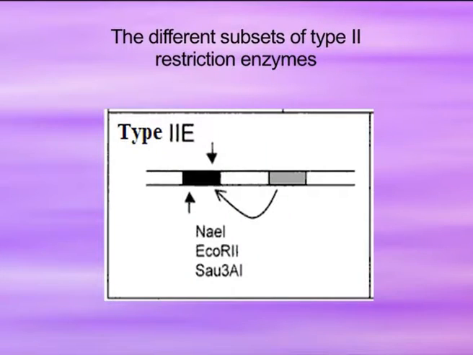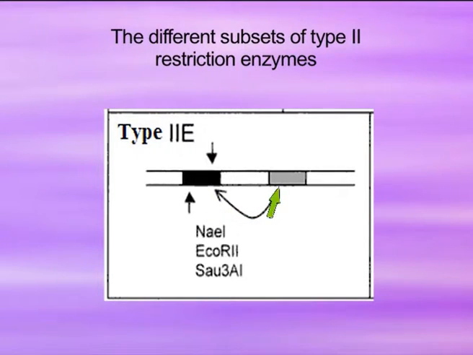The characteristic feature of type 2E is very interesting. Why? Because here the type 2E is characterized not by the reaction site, not by the nature of reaction mechanism, but by the nature of recognition site. That is, here the recognition site is present in two copies.